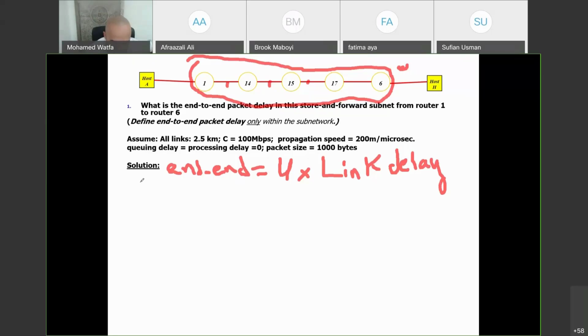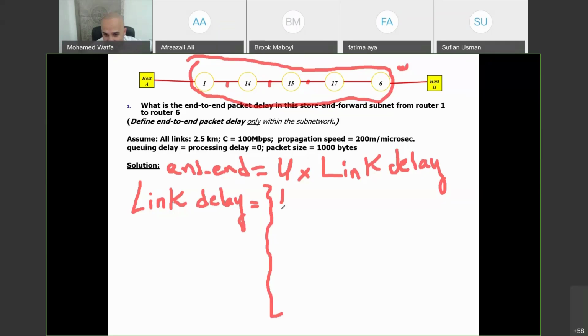Now, what is the link delay? The link delay usually is 4 things. Let me put them down under each other.